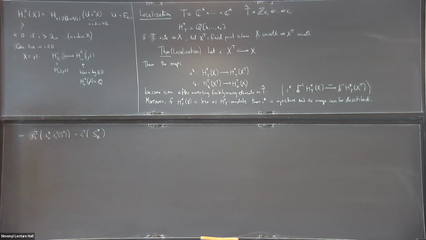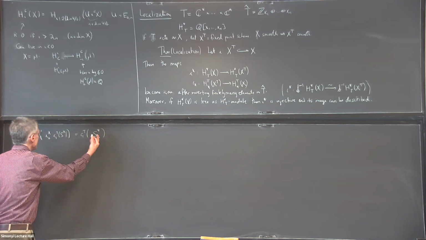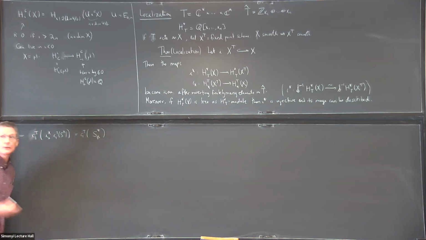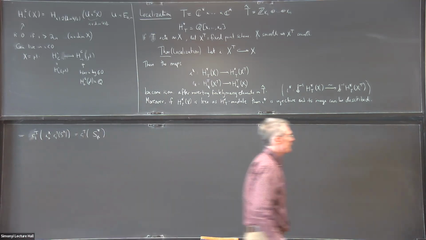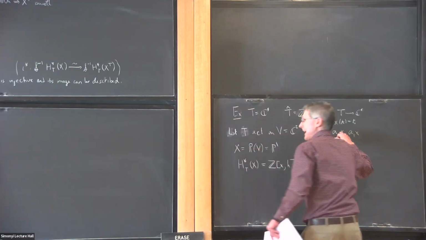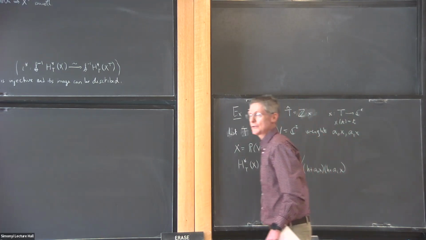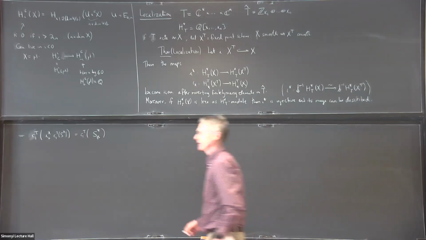The fiber of S star at P naught is just a vector space, a one-dimensional representation of the torus. That is the restriction of this vector bundle to that point. And this is the dual representation to the representation which has weight A naught X, because it's on the first coordinate. So therefore this is minus A naught X.